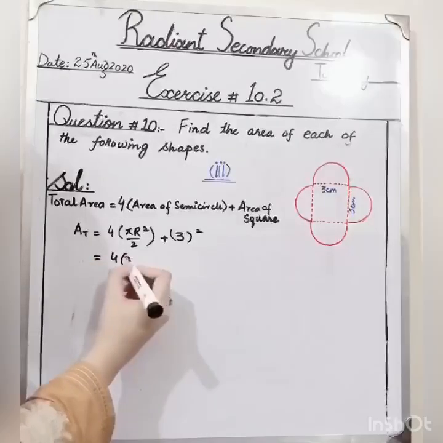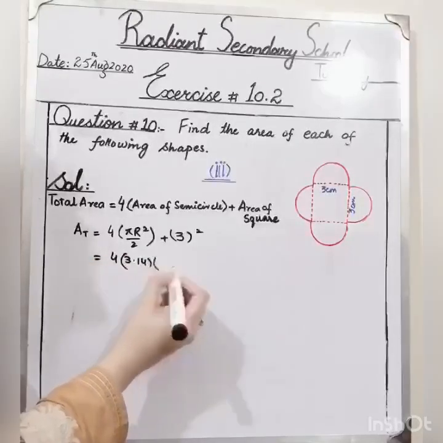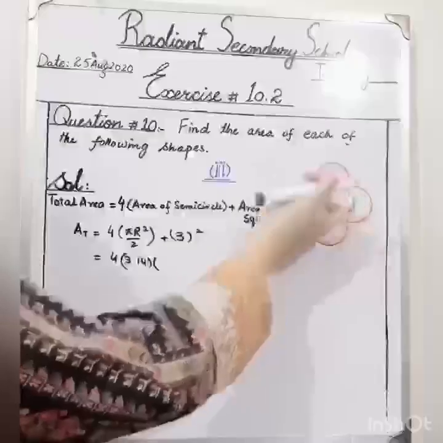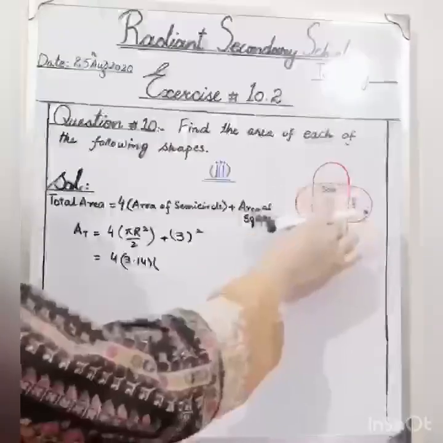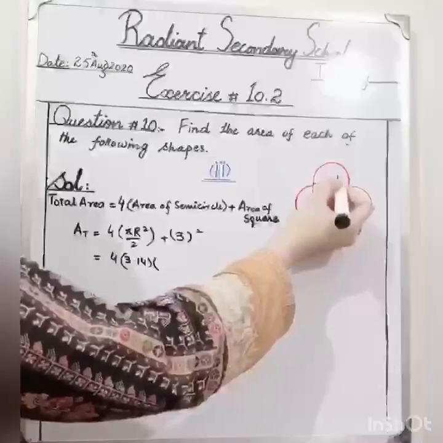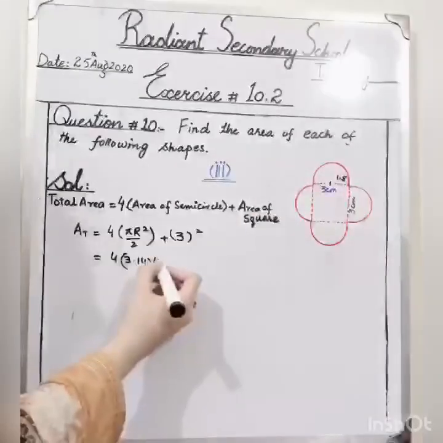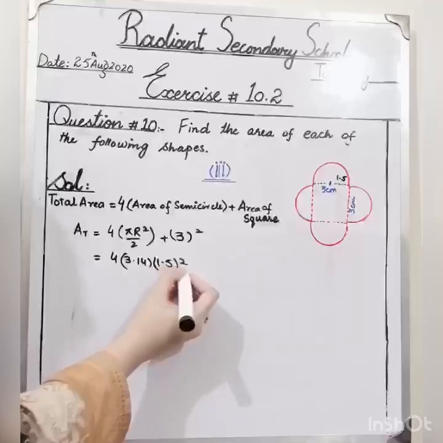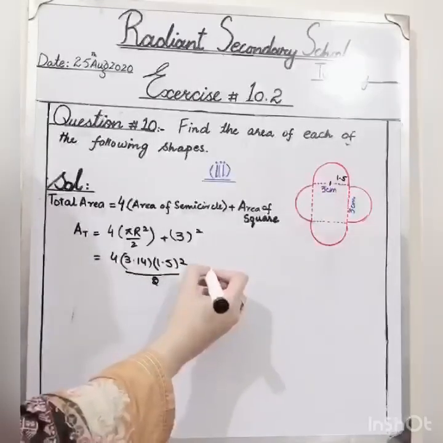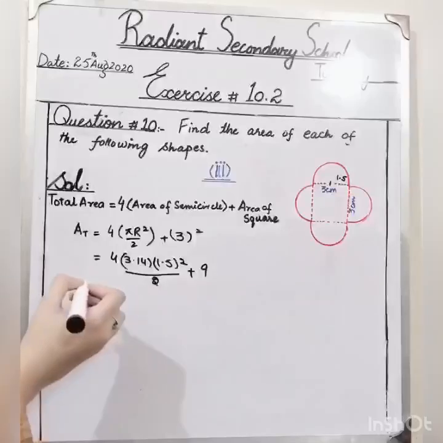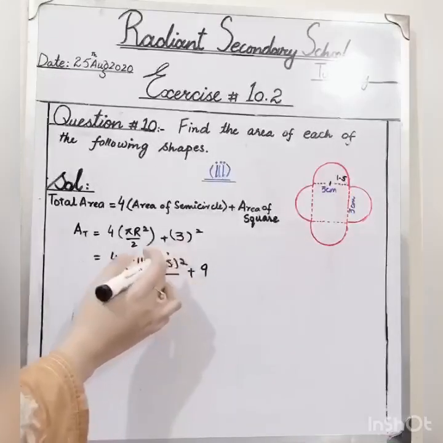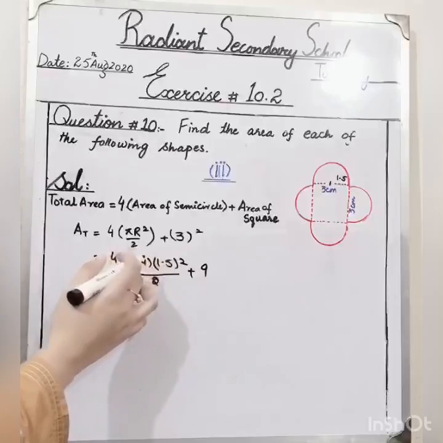4 into pi, which is 3.14. Here the total length of this side is 3 centimeter and the radius is the half. So half will be 1.5. So here the radius is 1.5 square divided upon 2 plus 3 square will be 9. Now students, take the square of 1.5 and multiply it with 3.14.